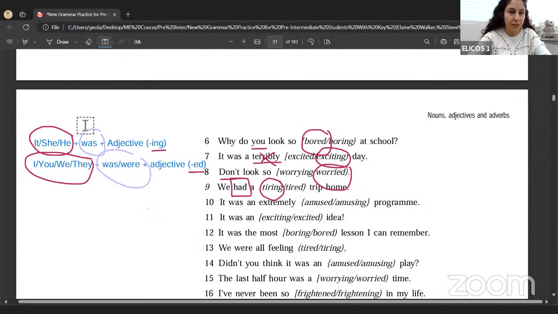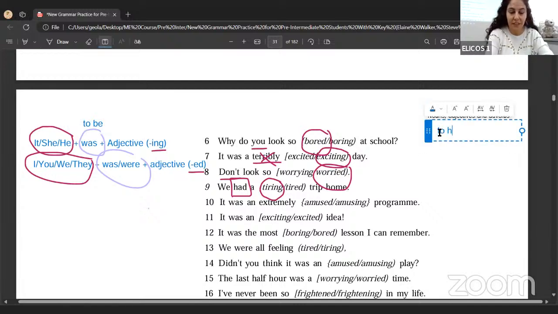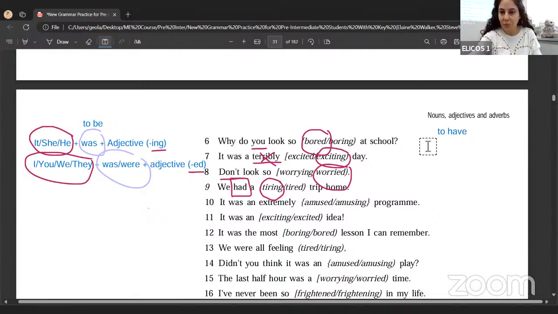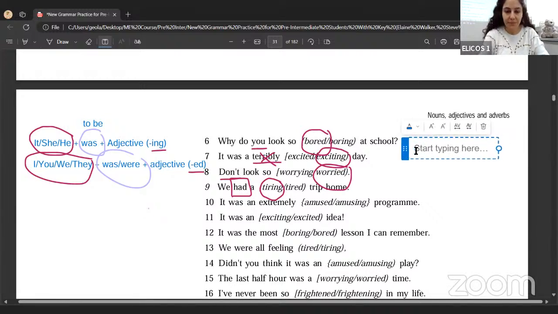When we use the verb to be, these rules are still correct. But if you look here, this is the verb to have. So now we have a subject. I had a tiring trip. You had a tiring trip. Actually, it's all the subjects. You've got to remember your subjects.